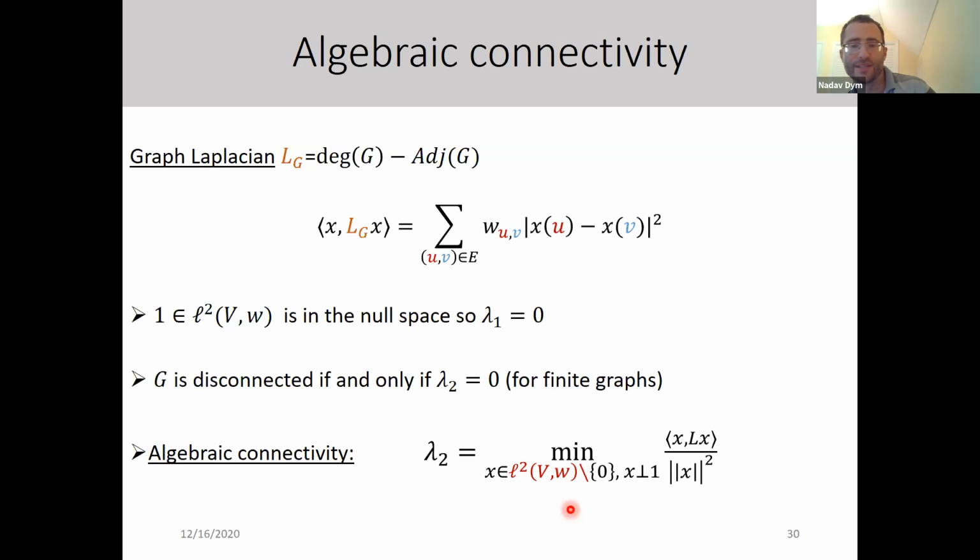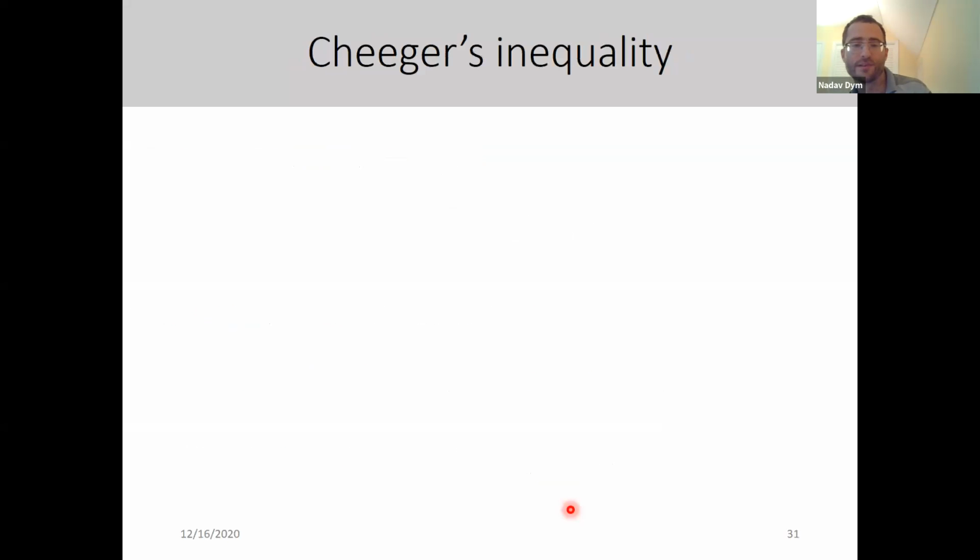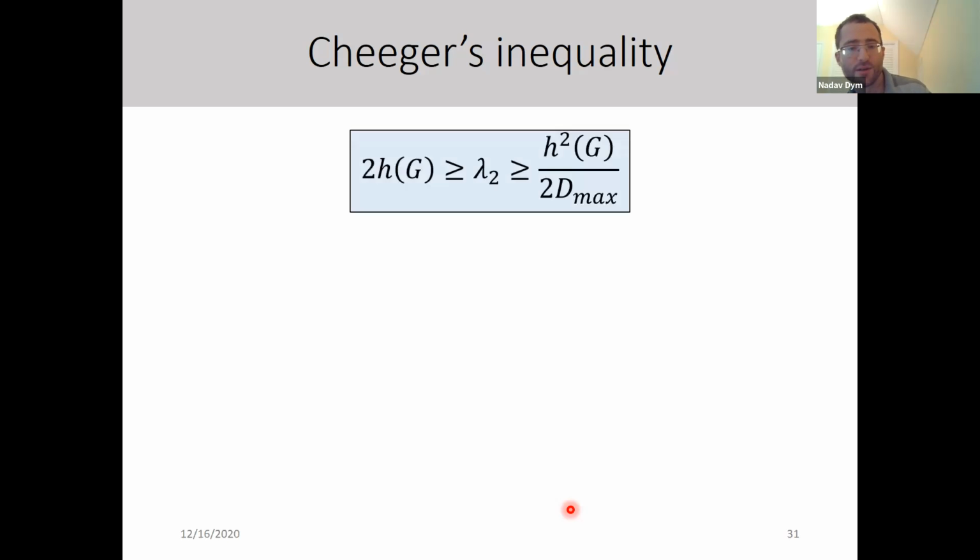Okay, so that's algebraic connectivity. And how are these things related? They're related through a relatively well-known inequality called Cheeger's inequality. So you can bound the algebraic connectivity from above and below by the Cheeger constant. And this is a useful fact also computationally, or at least in the philosophy of computation, and it's used a lot for something called spectral clustering.